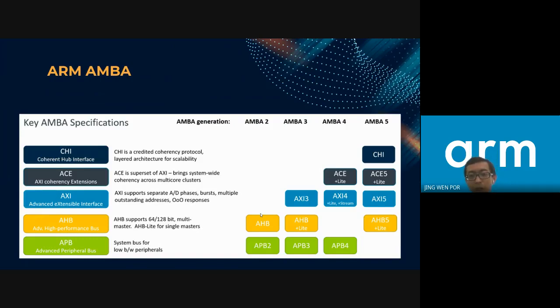In AMBA 5, ARM introduces the coherent hub interface, or CHI, architecture, defining the interface for the connection of fully coherent processors and high performance interconnects. AMBA 5 also introduces the AXI5, ACE5, and AHB5 protocols, which extend prior generations to include a number of performance and scalability features to align with and complement the coherent hub interface.